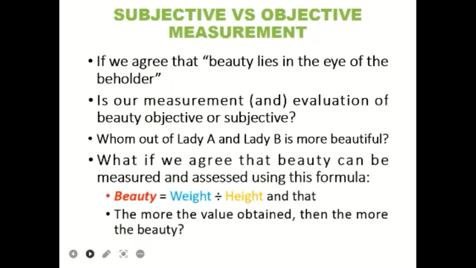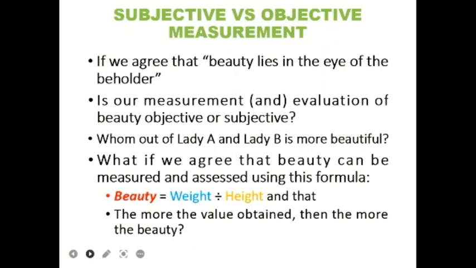But what if we agree that beauty can be measured, using this formula, well, it's hypothetical anyway, that beauty is equal to weight divided by height, and that the more the value obtained, the more the beauty. Take note, we mentioned under measurement that ascribing quantitative values to quality is based on prescribed rules.